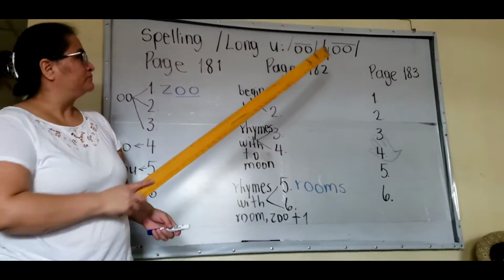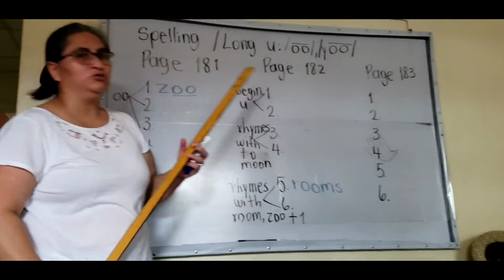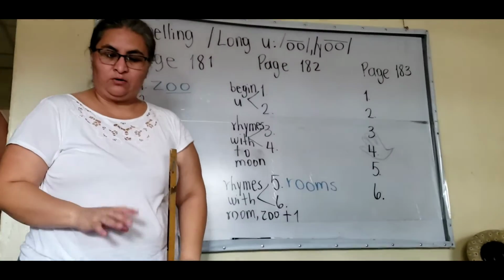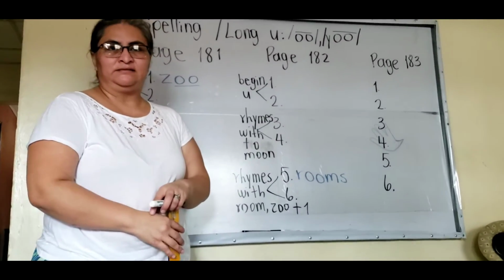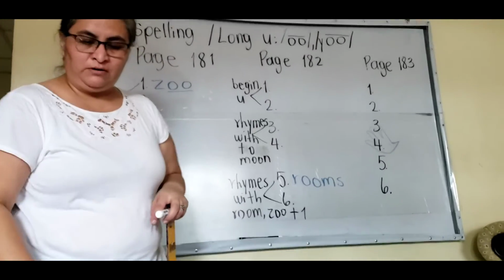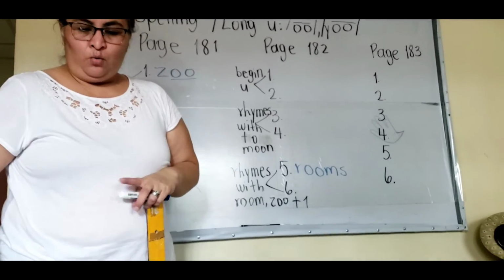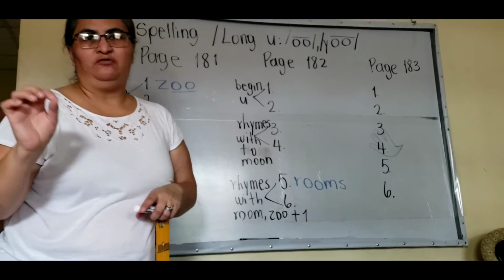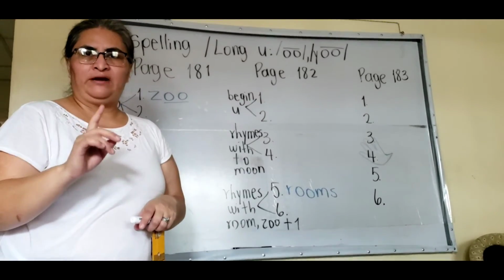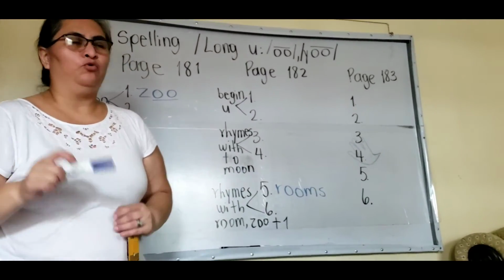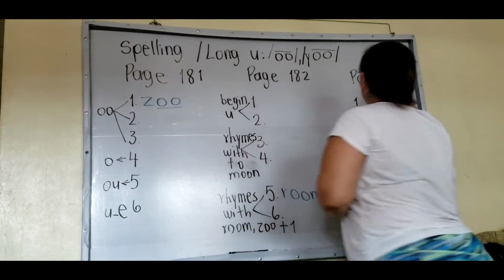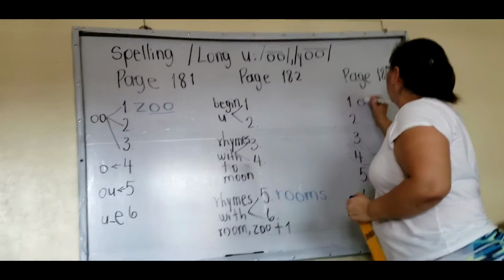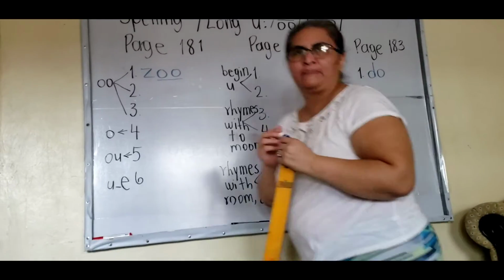Okay. Here on page 183, you are going to complete the sentences. Sentence number 1 says, what can we, and we have the space over there. What is the word that we are going to use? It is the word do. That means that here you are going to write do.